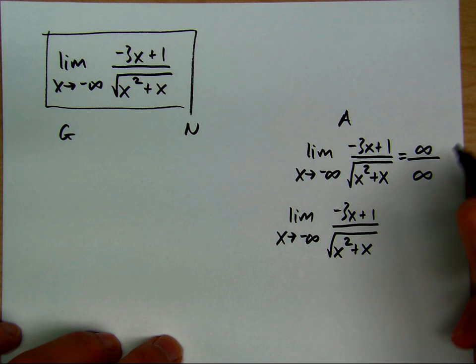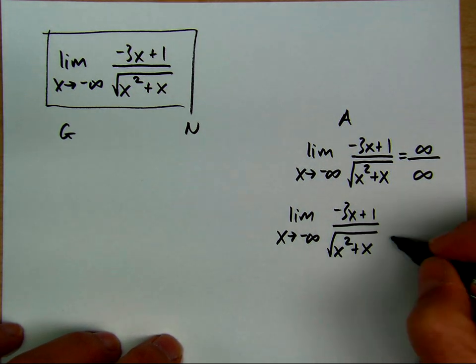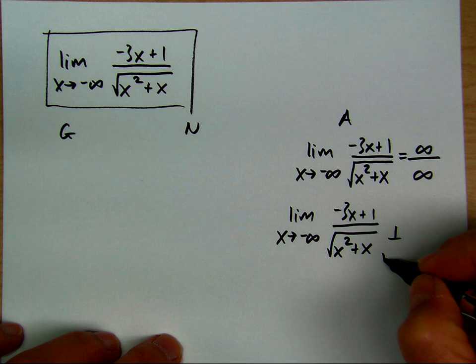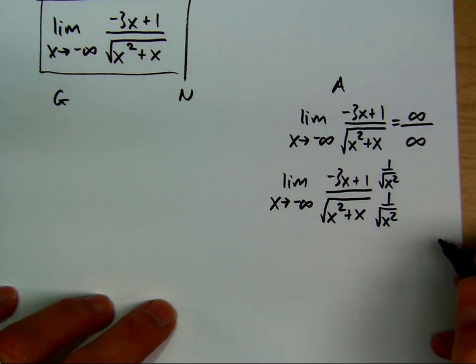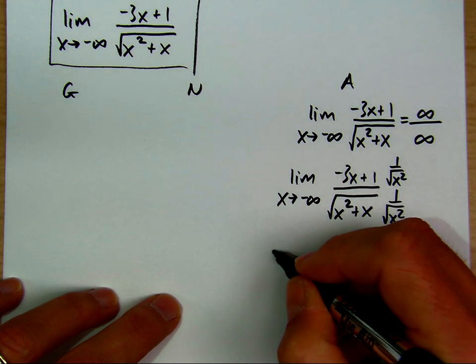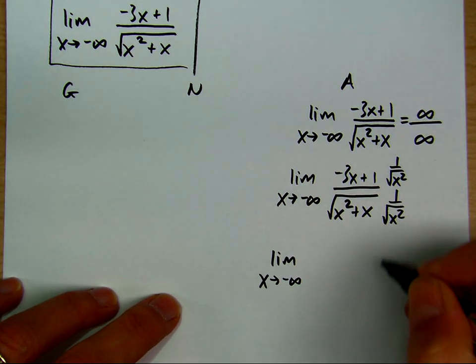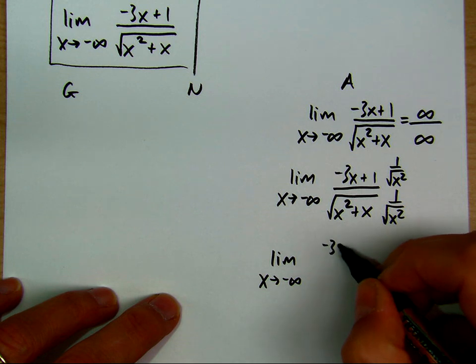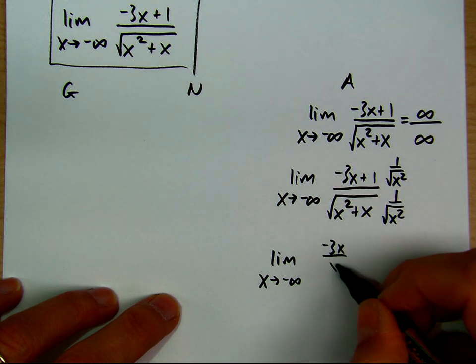And we have an overall degree of 1 here, so let's divide everything by the square root of x squared. So this will be the absolute value of x.